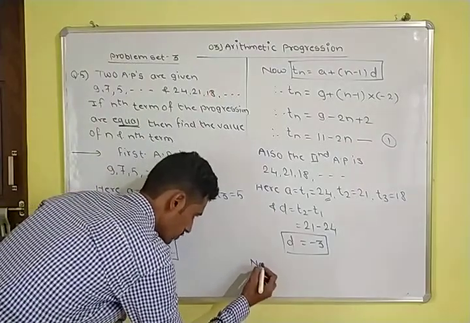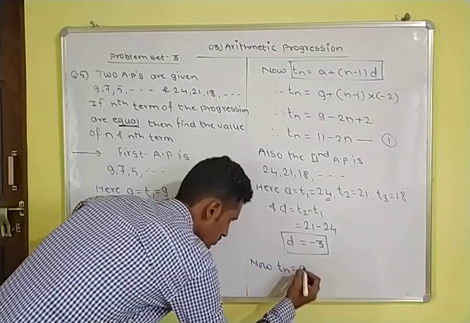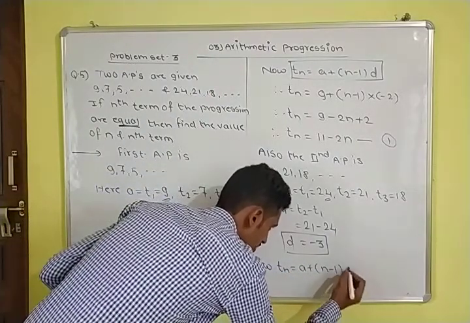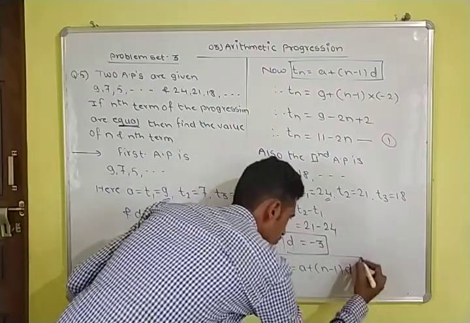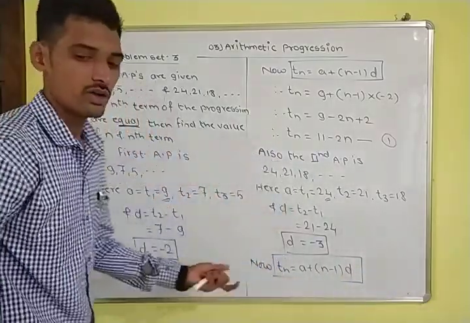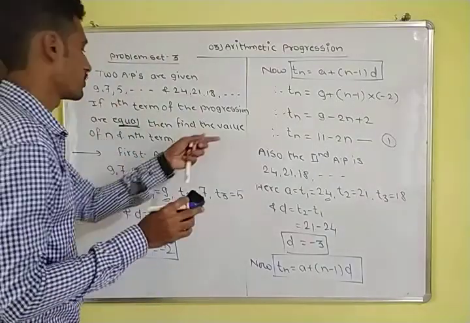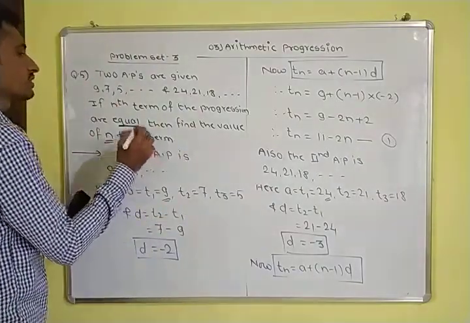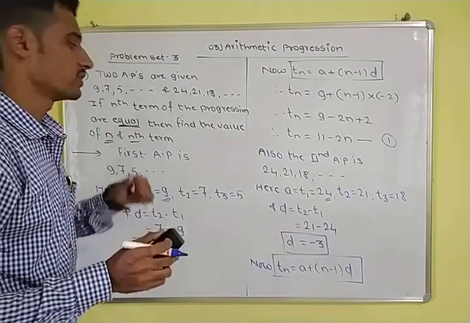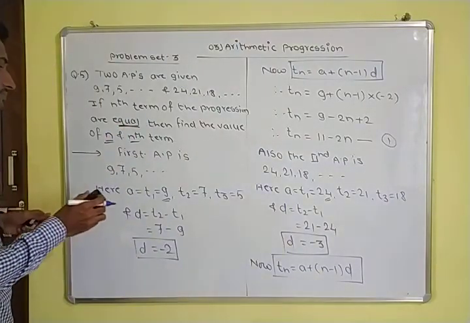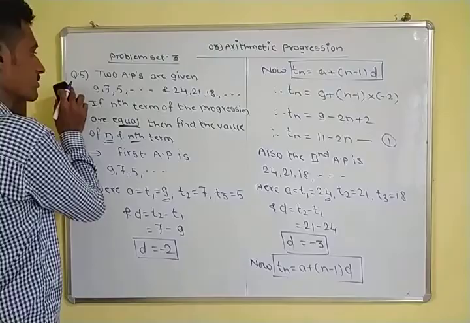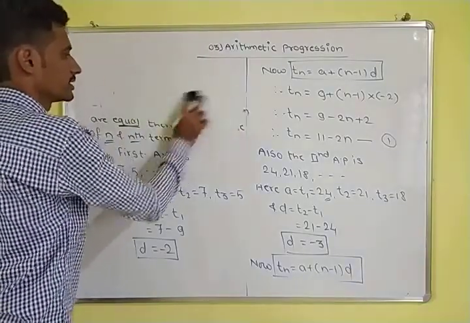Now the formula, Tn is equal to a plus (n minus 1) into d. According to this formula we have to find the value of Tn here. So we have to find the value of n as well as the nth term.